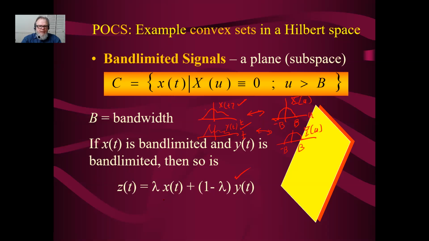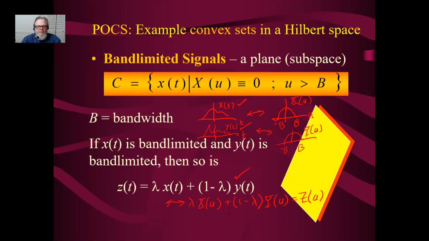Notice that lambda x of t plus 1 minus lambda y of t Fourier transforms to what? By the linearity of the Fourier transform, to something which we call z of u.